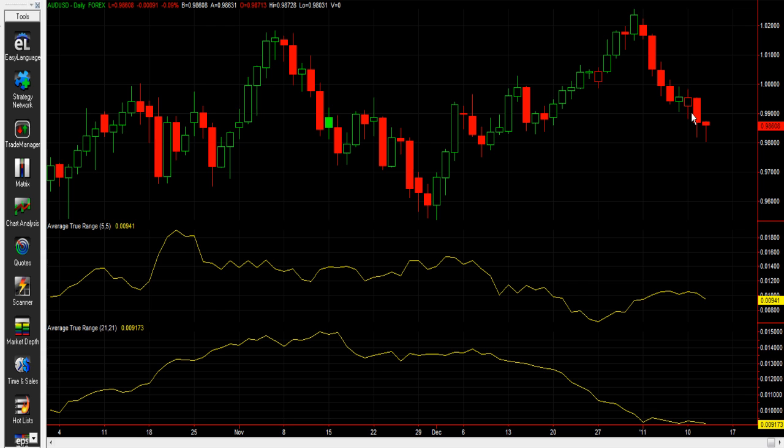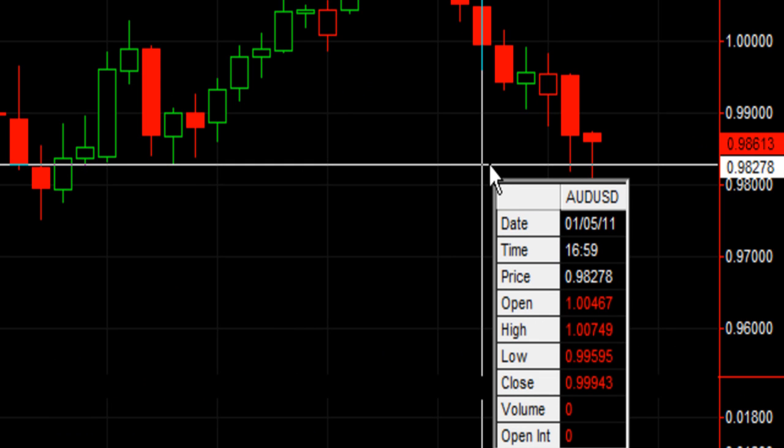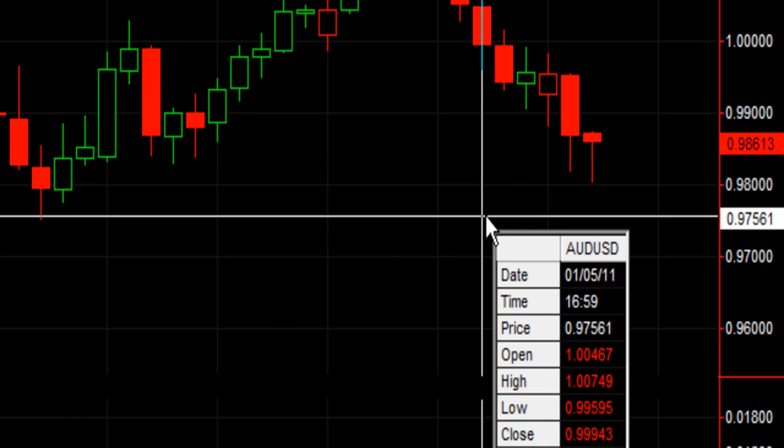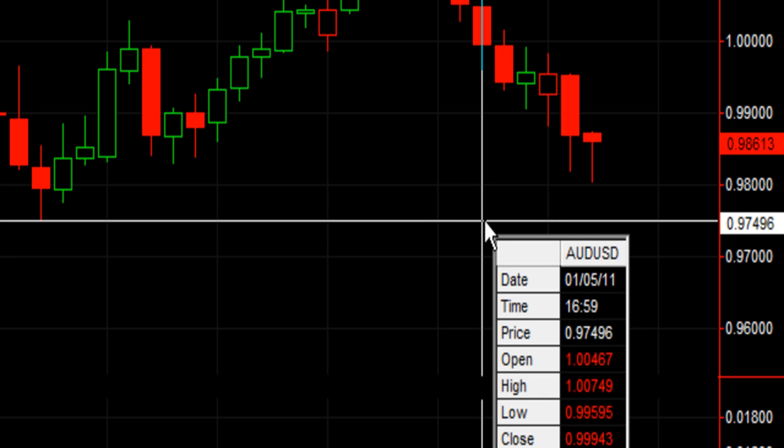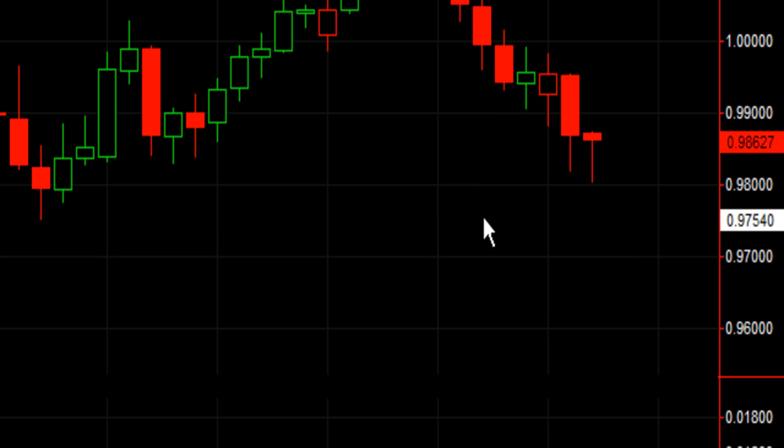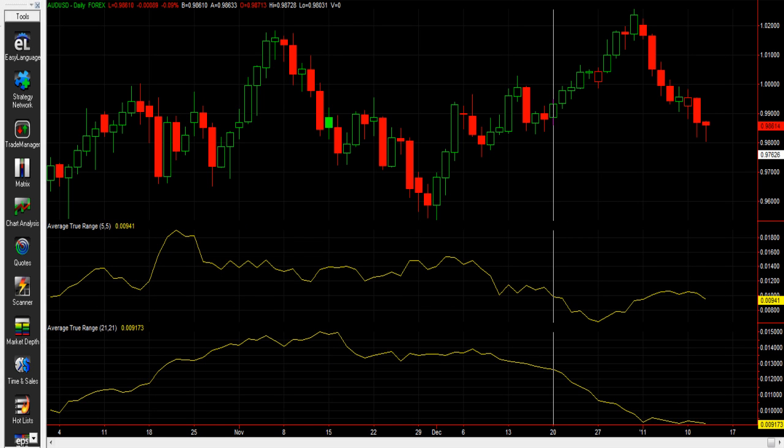So I assume that this lower low, lower high phenomenon will continue, and we could sell at the market with a stop above yesterday's high, or if we have a rally before the European Open, we could sell into that rally if it hasn't broken yesterday's high, with a stop at yesterday's high and a target at about 0.9747, because that's the swing low and it might prove of some support. So perhaps that's something we need to look out for.